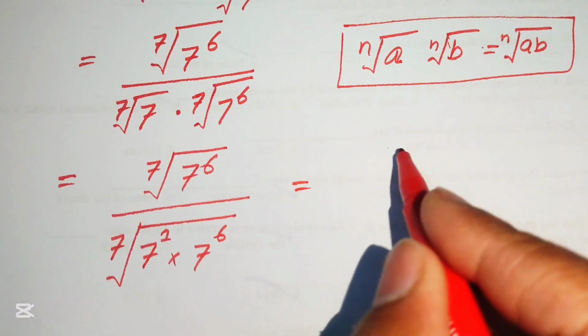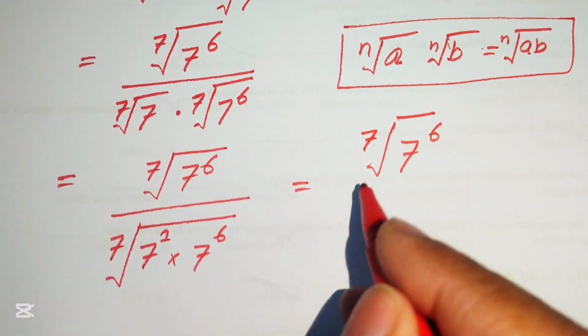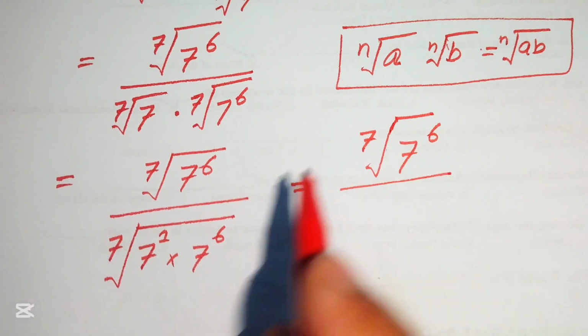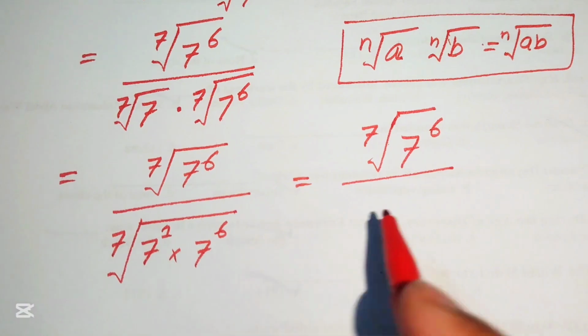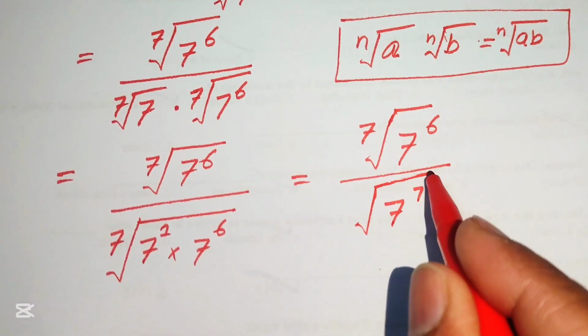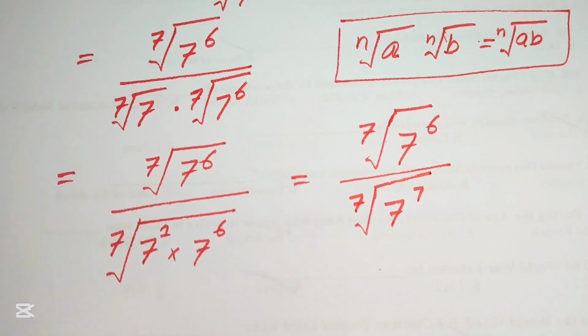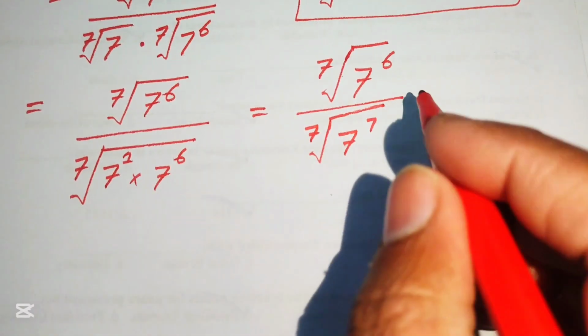Further, you see we have 7 to the power of 6 and its 7th root, divided by, since both of these bases are the same, we add the exponents, and you obtain 7 to the power of 7 and its 7th root. After that, we apply another radical law.